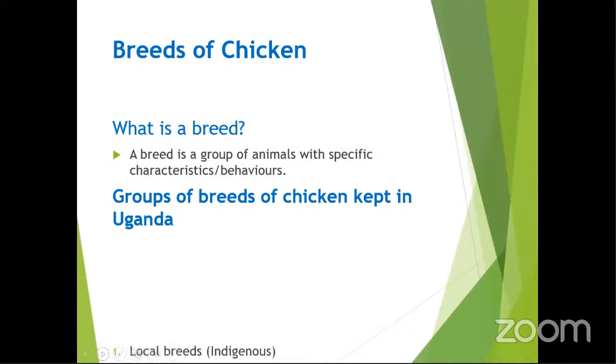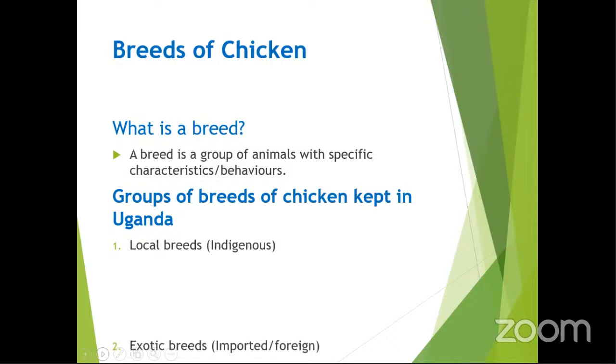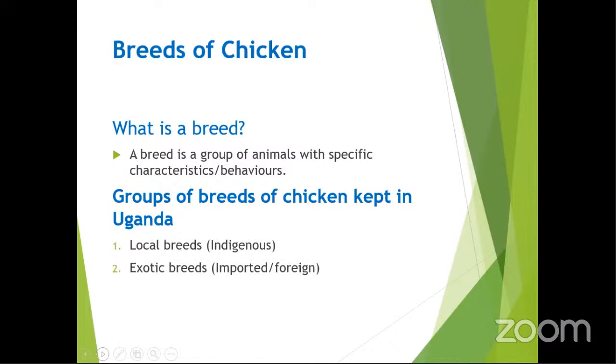So we are talking about these two different groups. We say that we have local breeds, also known as indigenous breeds. And then we also have exotic breeds, also known as imported or foreign breeds, as simple as that. So that is basically what you need to know about the groups of breeds of chicken.